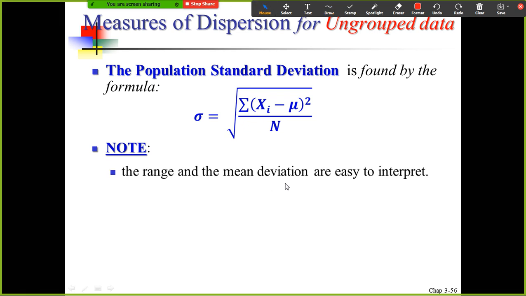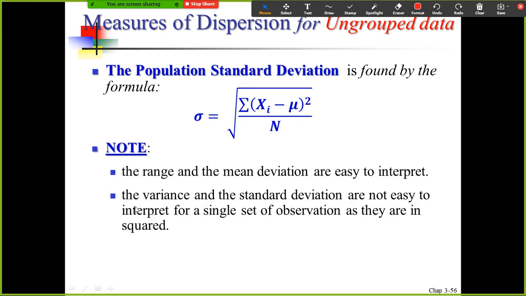Range and mean deviation are easy to interpret, easy to explain, easy to present. But variance and standard deviation are not really easy to interpret for a single set of observations, as they are in square, especially variance.